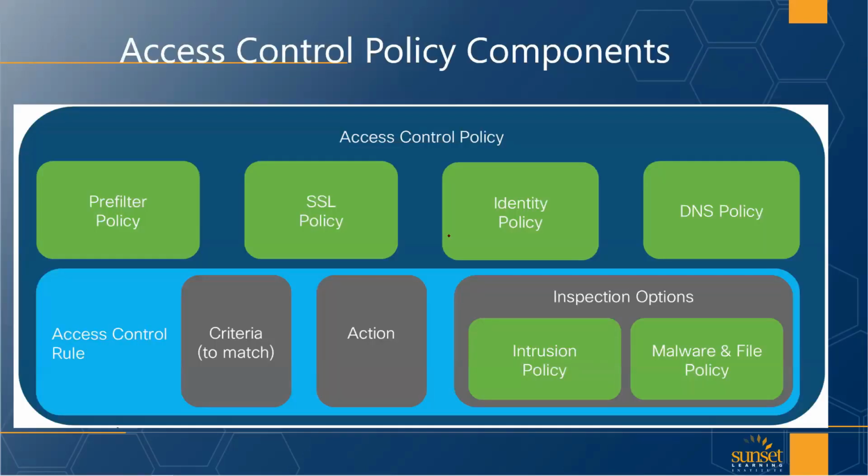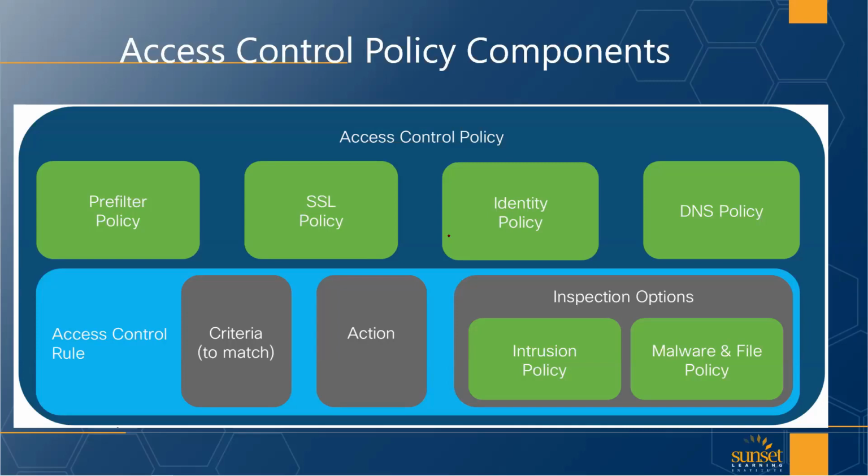So, access control policy components. I like this slide because it basically shows you what it is. When we had a traditional firewall, we had a line, block this, another line, allow this, another line, do this. In this case, we're building a policy and we have different policies inside that.